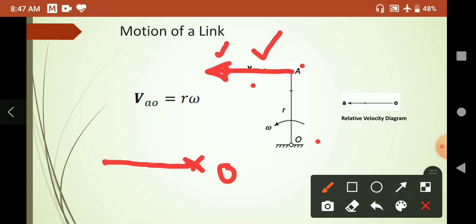And what is the length of this line? The length of this line will be the magnitude of the velocity.